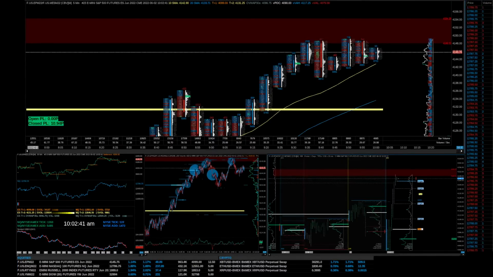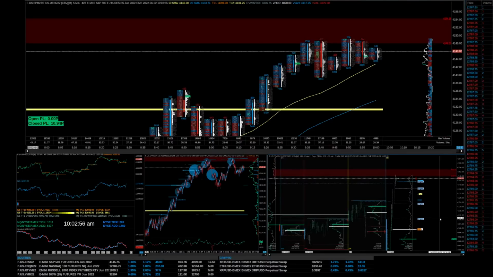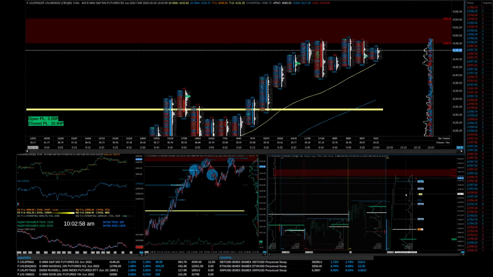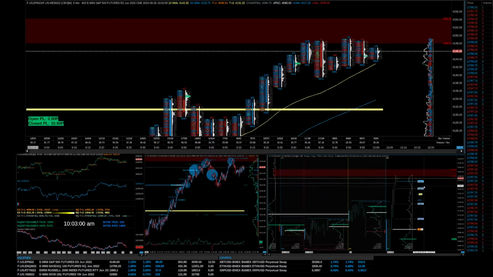We had some iceberging going on, some battles above the 4120 area, and now we're headed back up. We just broke through T+2 here. You can see it on the TPO, and it's here as well.